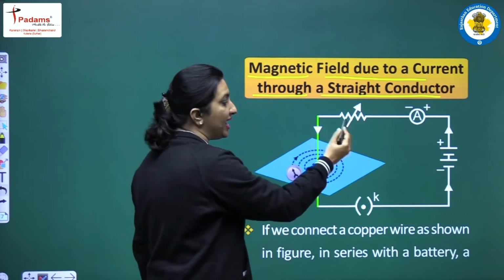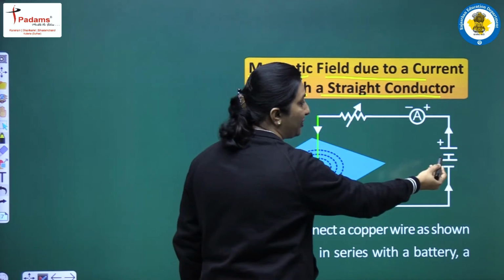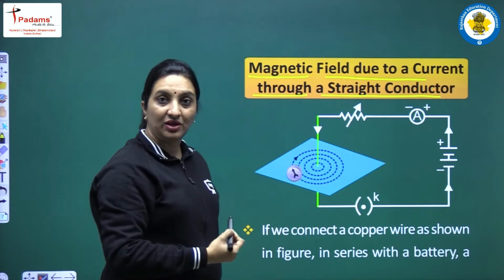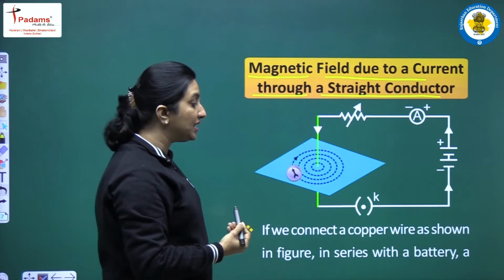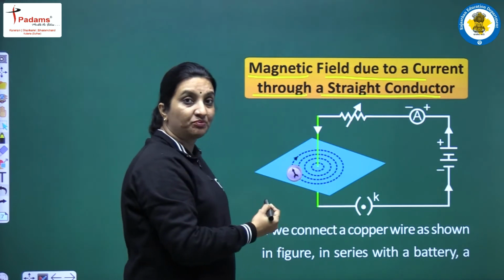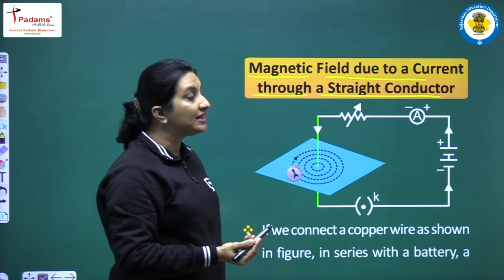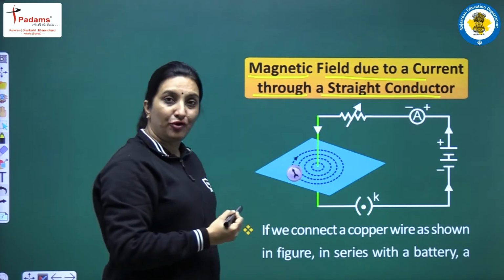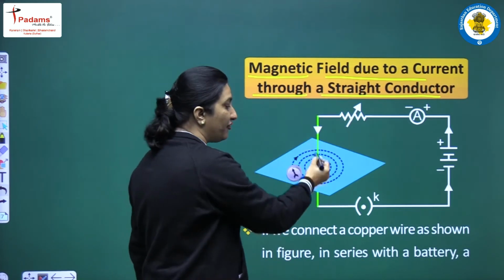Now this copper wire is connected to a battery through an ammeter, a rheostat and a key. What is observed, students, is that when the key is closed, the current starts flowing in the circuit. The current in the straight wire starts flowing, and we can see the direction of current here.